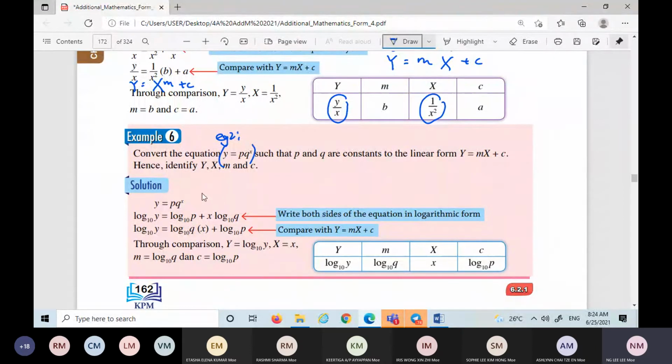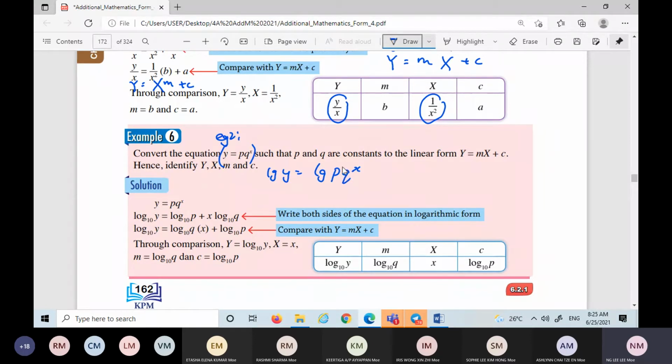When you have a log, usually we will use log 10, so log y, and then this side is actually log pq power x. For those who can do it very fast, you can straight away write this. For those who still don't understand, you can write step by step. First step is to log both sides. Write both sides of the equation in a logarithmic form.